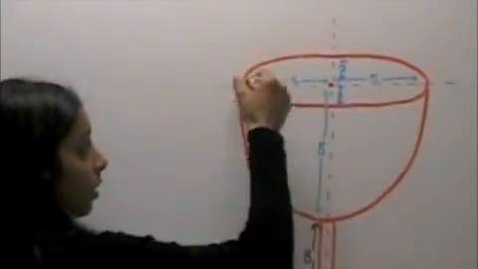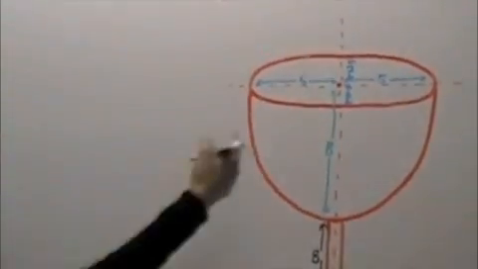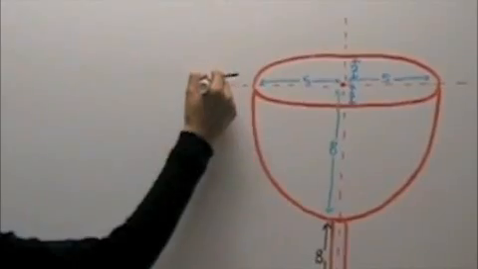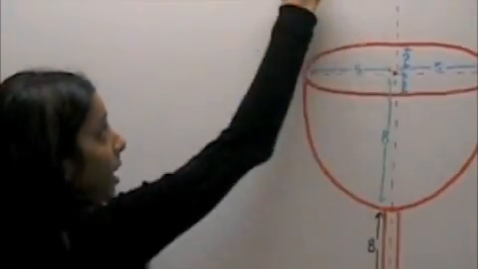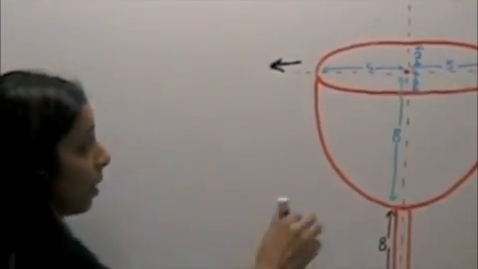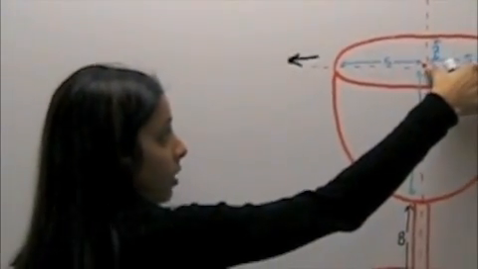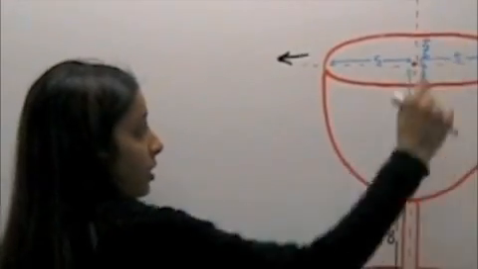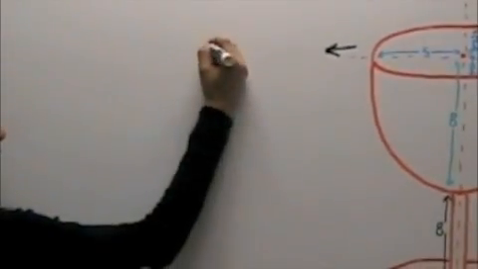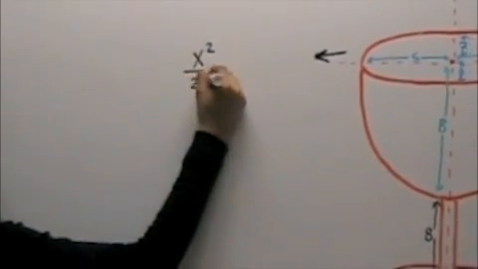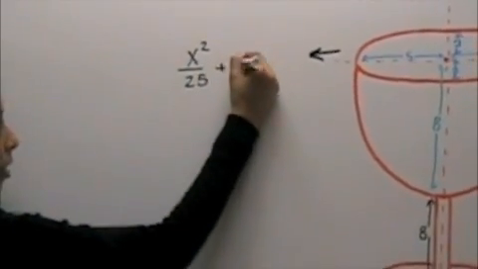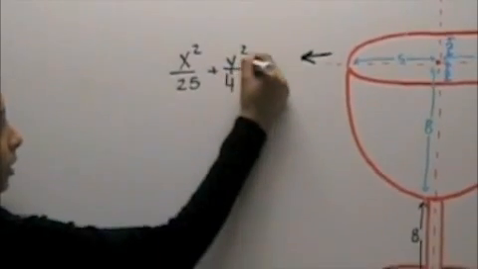We're taking the full ellipse here, so we can just write the equation. Our center is at (0, 0), so h and k are 0, 0. The horizontal distance is 5, and the vertical distance is 2. Therefore, our equation for this horizontal ellipse is x squared over 25 plus y squared over 4 is equal to 1.